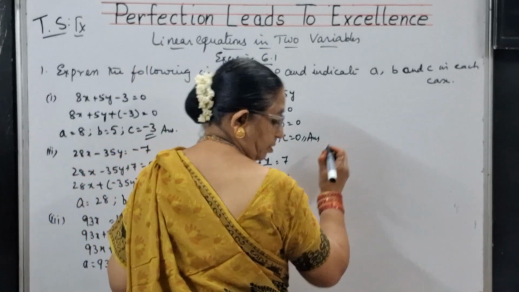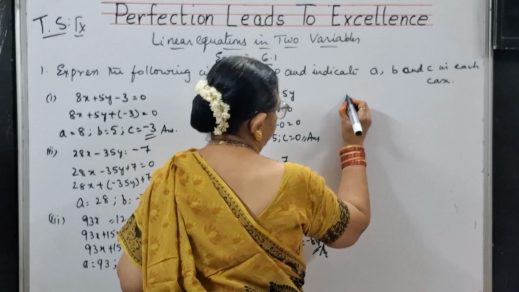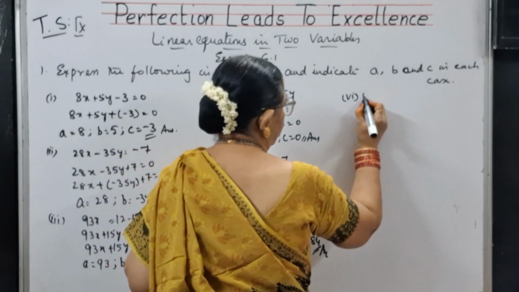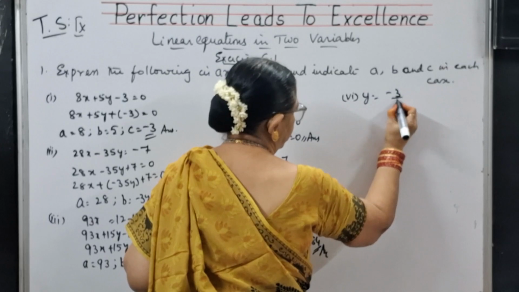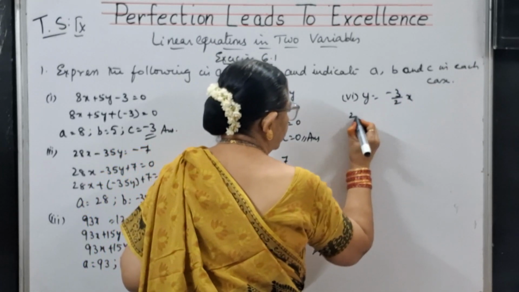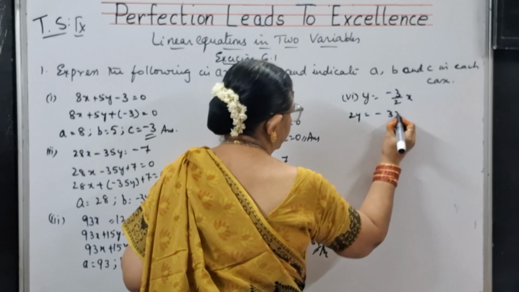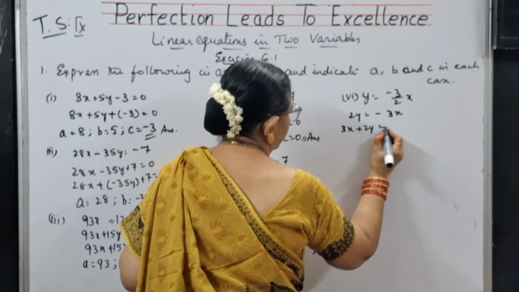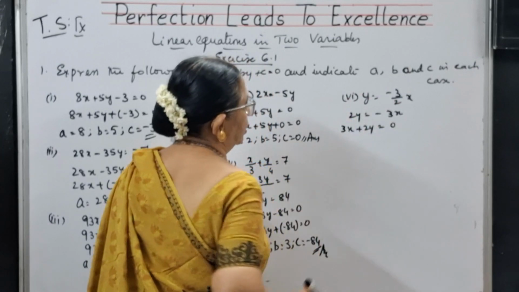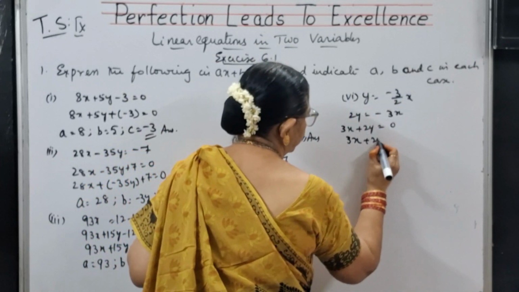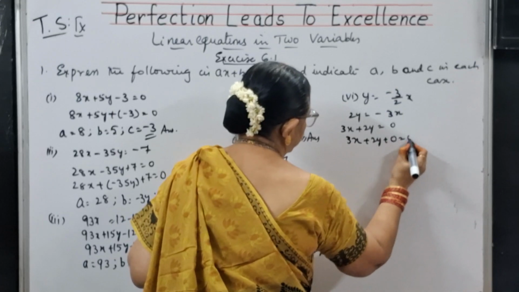Next, sixth bit. Y is equal to minus 3 by 2 x. That means send this to here. 2y is equal to minus 3x, means 3x plus 2y is equal to 0. Minus 3x, when it comes here, becomes plus 3x, that means 3x plus 2y plus 0 is equal to 0.